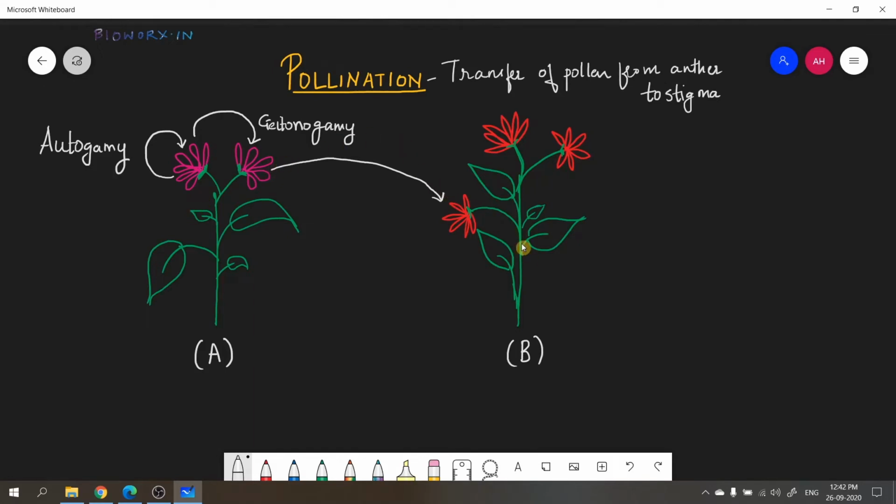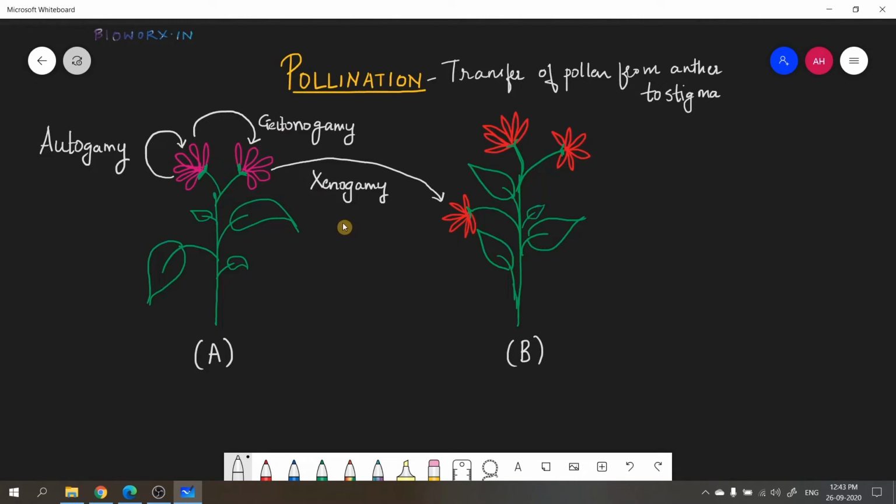So in this case, it is called as a Xenogamy. By now, you must have guessed that Xenogamy is nothing but cross-pollination. Yes, it is. So, these are the three types of pollination based on the source of pollen grains.